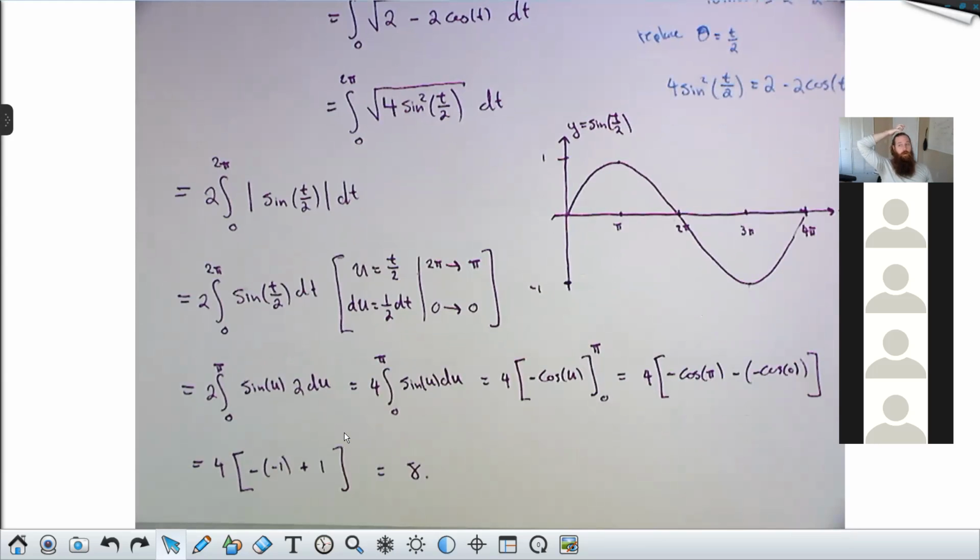So the length of one arc of the cycloid coming from a rotating wheel of radius 1 is 8. It's a nice number. It's kind of cool.